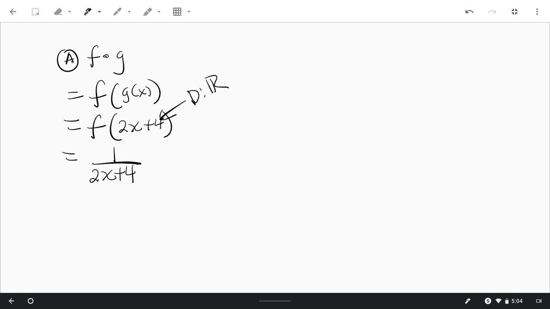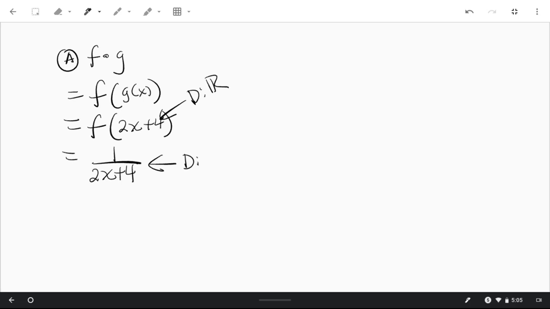This one over here, our final function, 1 over 2x plus 4, has a fraction, so we have to be careful not to end up with 0 in the denominator. What would make that denominator 0? Negative 2. If we plug in negative 2, we end up with negative 4 plus 4, which is 0 in the denominator. So the domain of this final one is all real numbers except for negative 2.